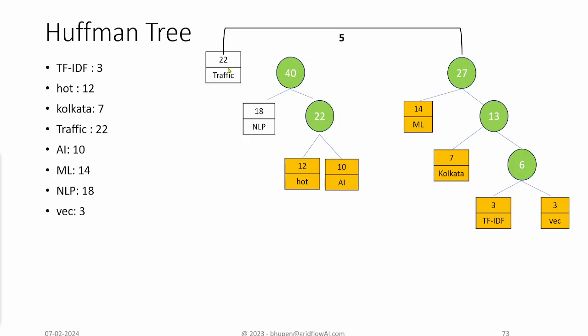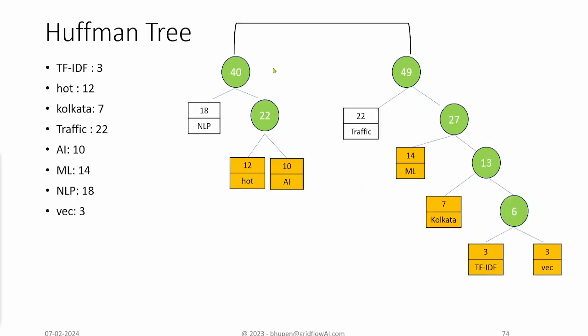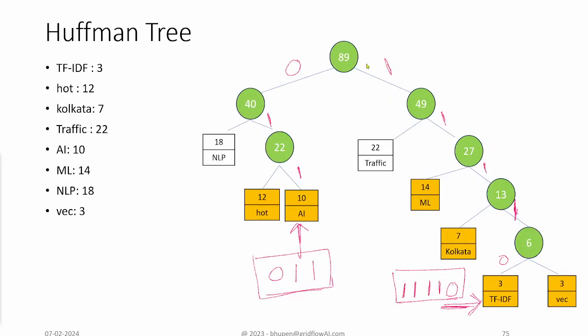Of the remaining 22, 40 and 27, the least are 22 and 27. Join them, and finally you merge the last pair of nodes, and that's how your tree will look.